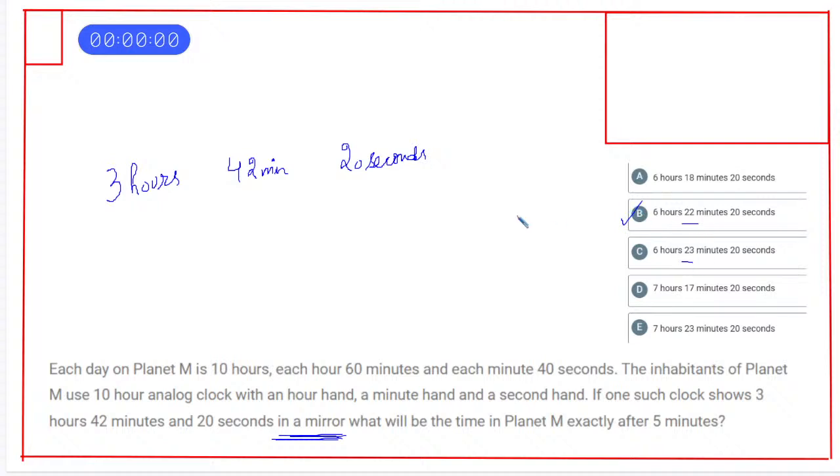Let me see. Let's just see this thing. So it's in a mirror. Okay, this is our mirror image. We have to find the actual time.